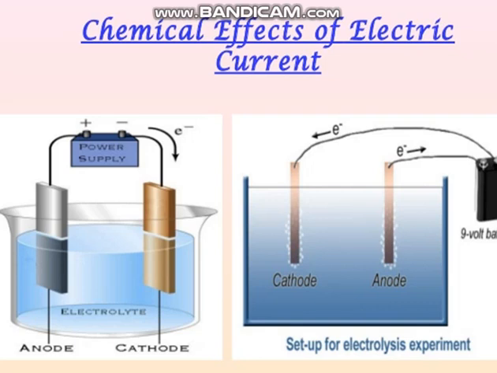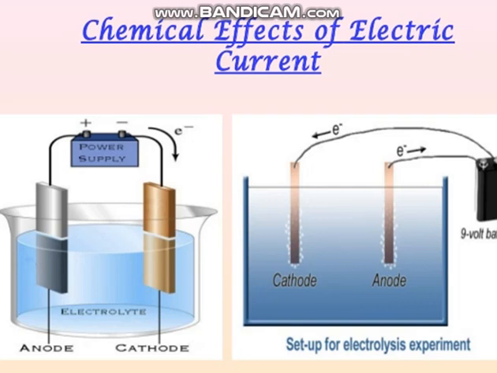Opposite charges attract each other. So cations will move towards the cathode, and anions, which are negatively charged, will move towards the anode because anode is a positively charged electrode. So anions will move towards the anode, cations will move towards the cathode.